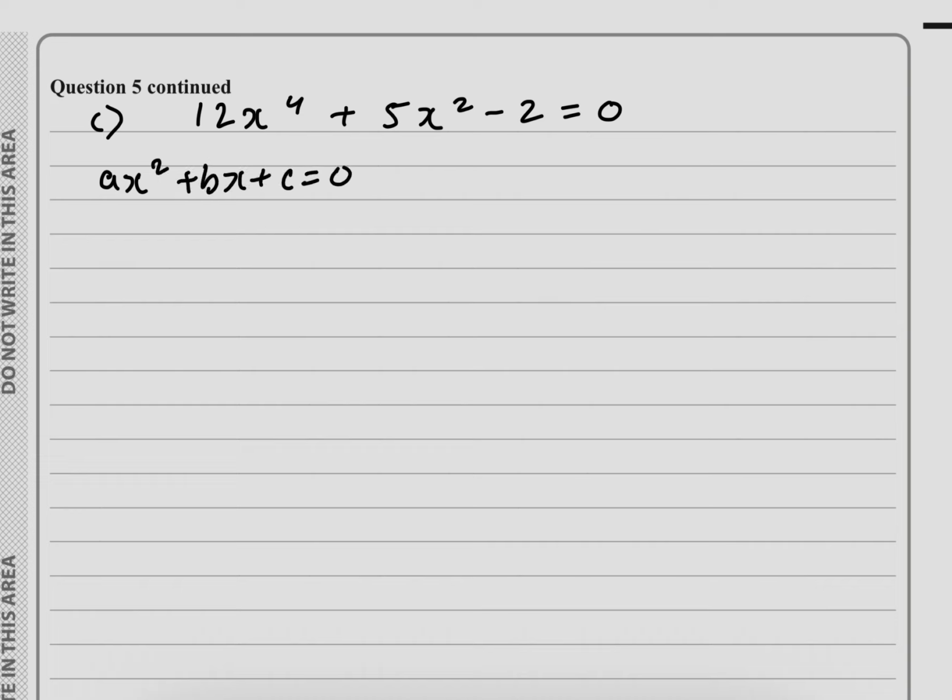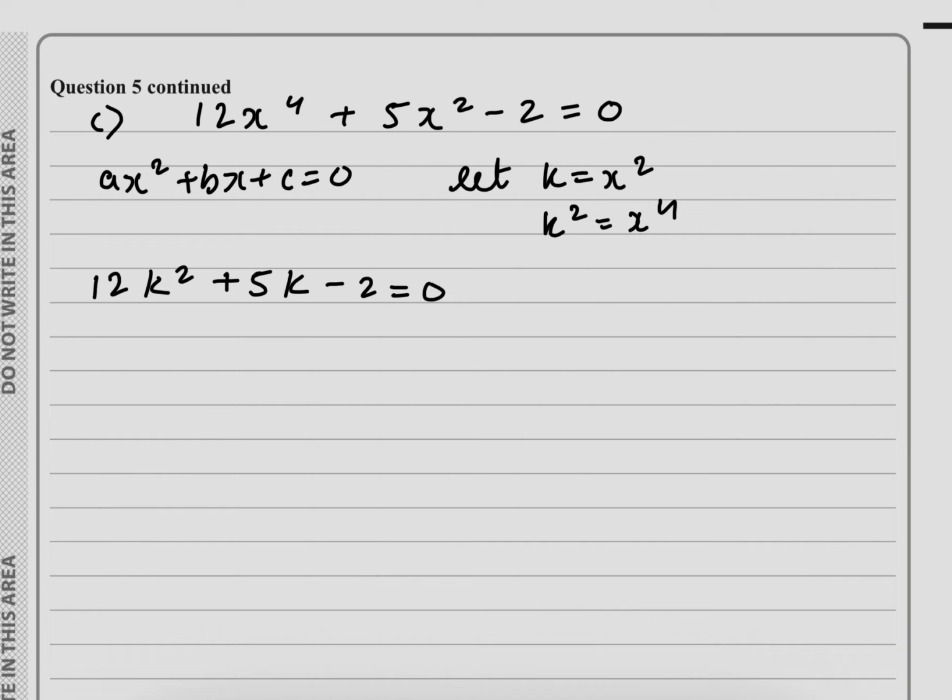So take any letter. I'm going to take k. Let k be equal to x squared, and that would also mean that k squared would be equal to x to the power 4. So let's rewrite that as 12k squared plus 5k minus 2 is equal to 0.